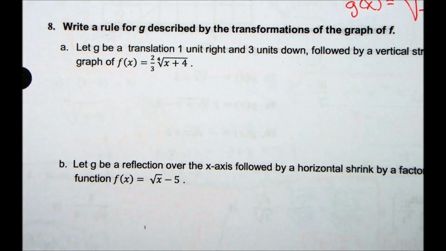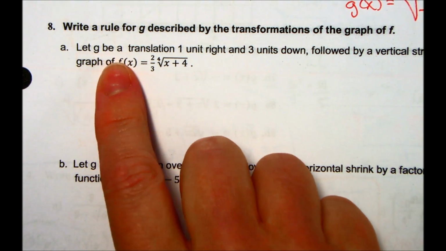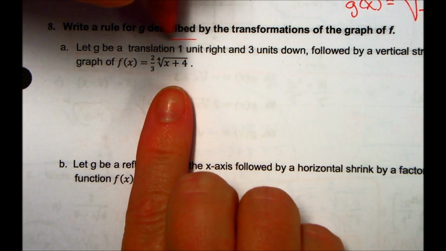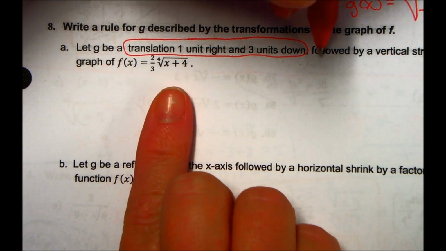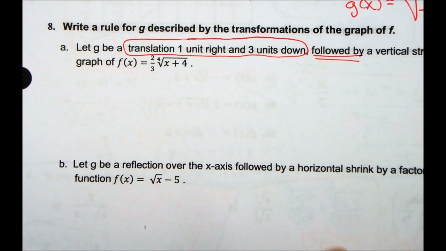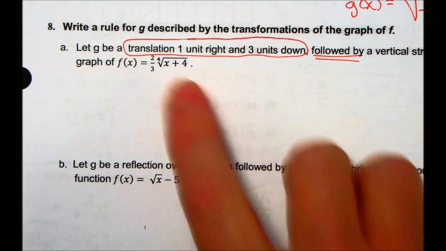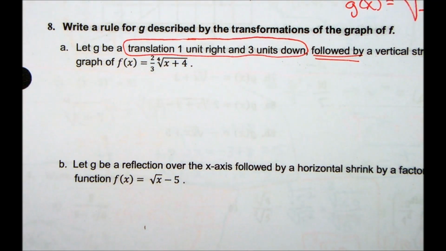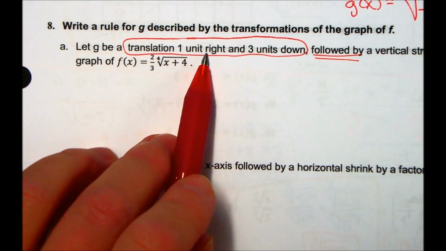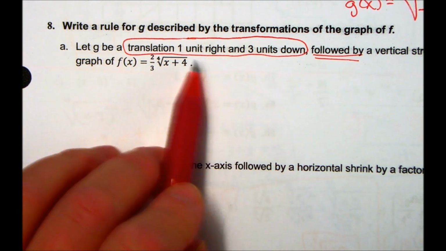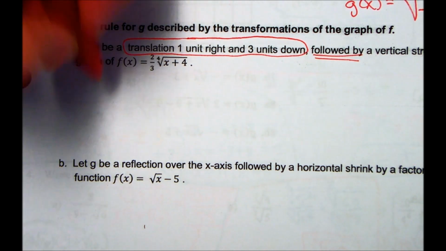Okay, and last but not least, we are writing a rule for g described by the transformations of the graph of f. All right, so g is a translation 1 unit right and 3 units down, followed by, so since we're doing followed by, I'm going to call this an intermediate step, when I'm just going to the right 1 and down 3, I'm going to call my new function h of x.